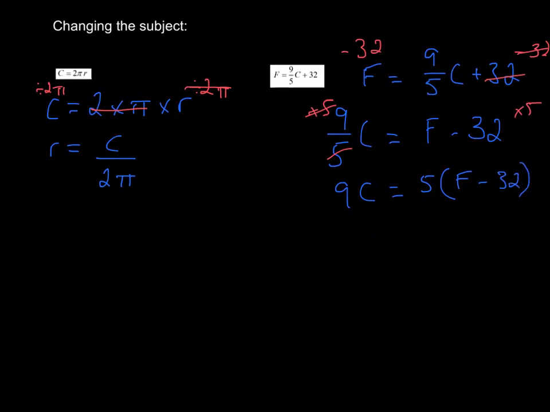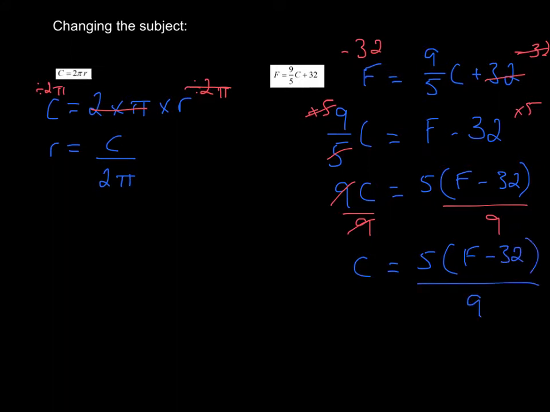Okay, and 9C is the same as 9 times C, so I'm going to divide everything by 9. That'll cancel that out, because 9 divided by 9 is 1. That leaves me C equals 5(F minus 32) all over 9.